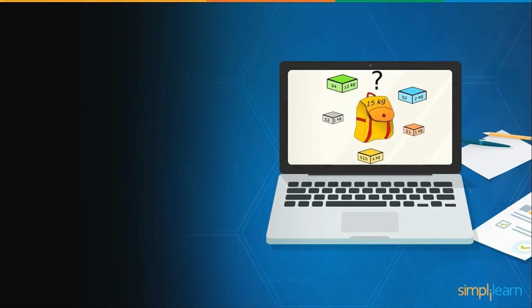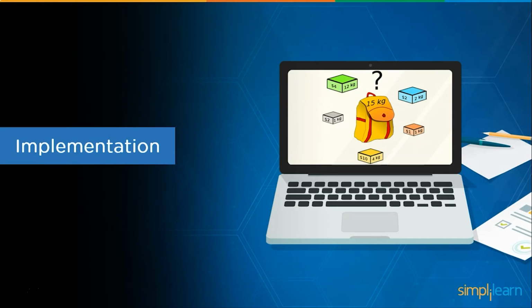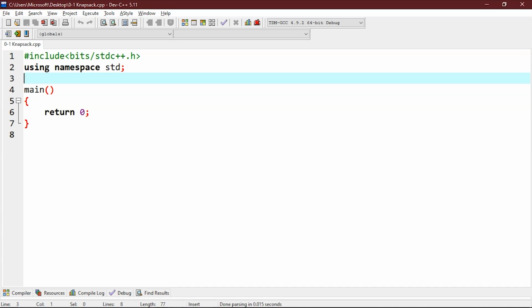Now, let's try to implement this in the code editor. We will start with the utility function that will return the maximum of two integers. So int max, int a, comma int b.